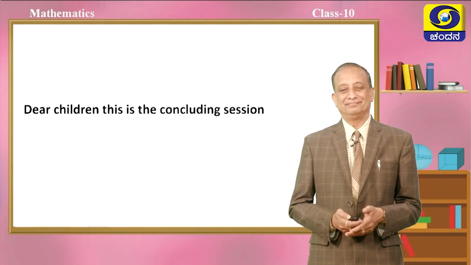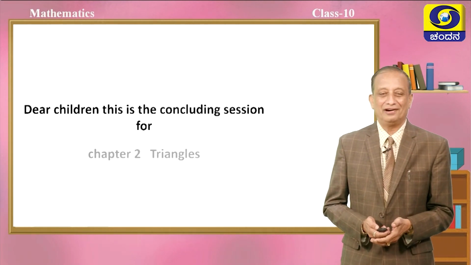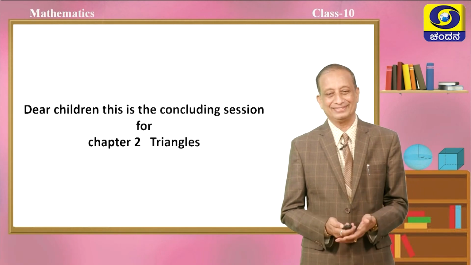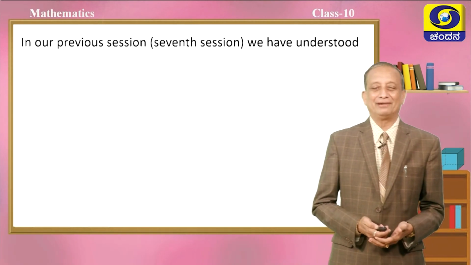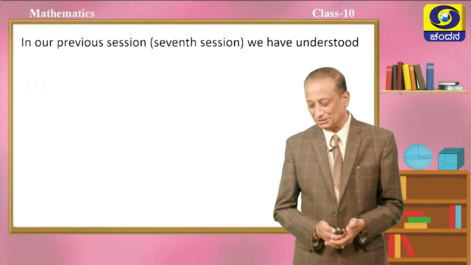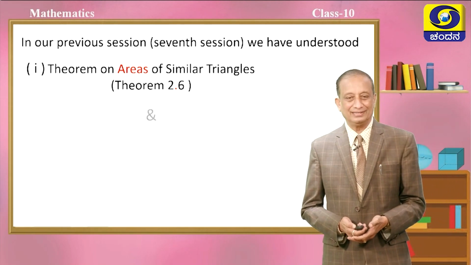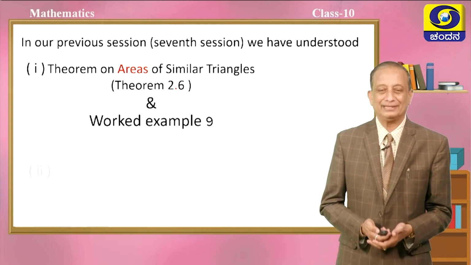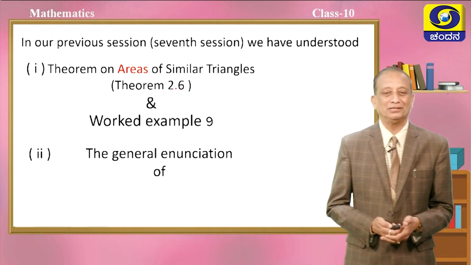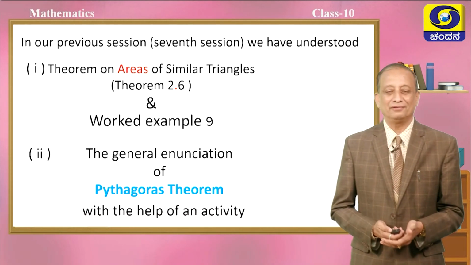Dear children, this is the concluding session for chapter number 2, triangles. In our previous session, the 7th session, we understood the theorem on areas of similar triangles, as well as worked example number 9 and the general enunciation of Pythagoras theorem with the help of an activity.